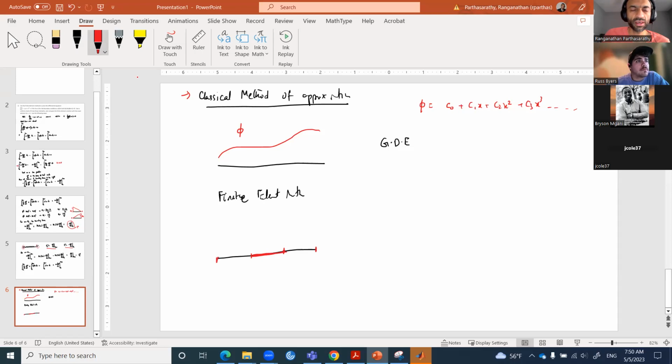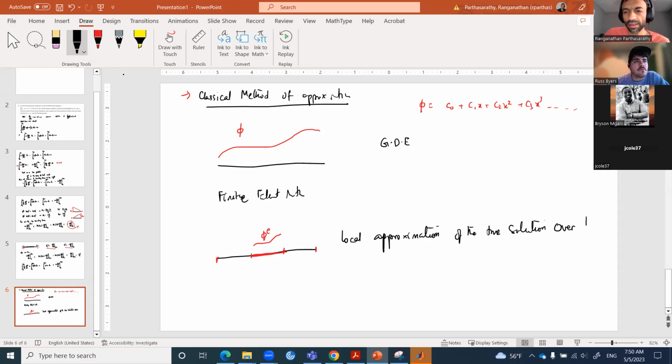Each piece of that domain is called an element, and phi e is the local approximation of the true solution over the element E. Right?